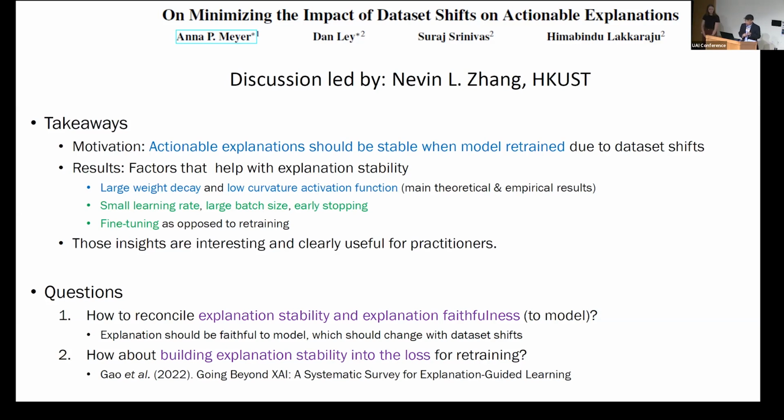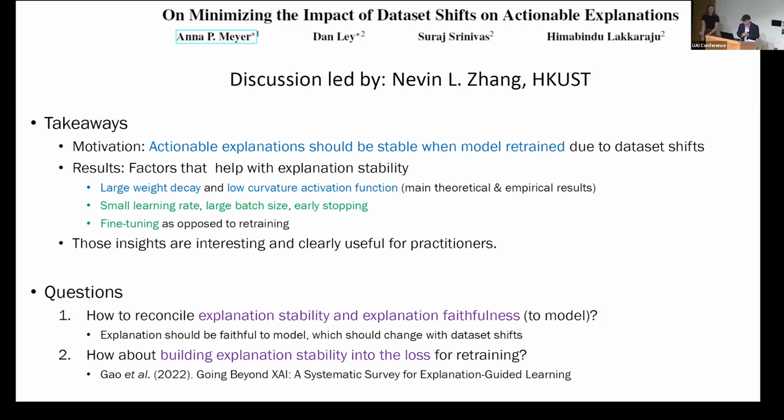And also, it turns out that fine tuning is better. Okay, but in general, I feel those techniques basically find a solution in a relatively flat part of the solution space. That's my intuition. I do have some questions.